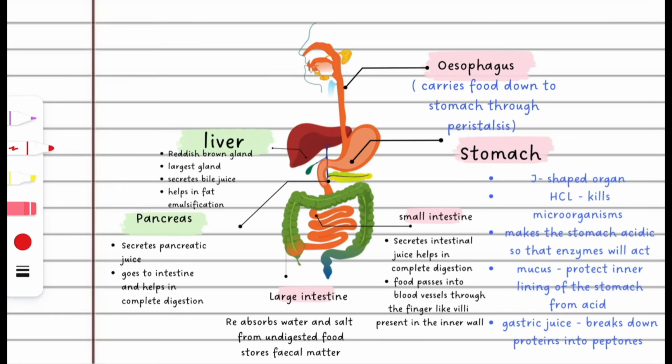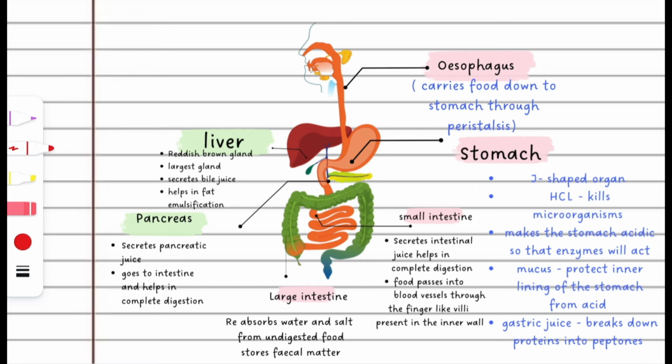Now esophagus is a food pipe. Okay, from here onwards we don't really have any control on the movement of the food. Because from here and from here to the rest of the alimentary canal, the food moves on its own. And how? By the rhythmic movement of contraction and relaxation of muscles that are present within the inner lining of this alimentary canal.